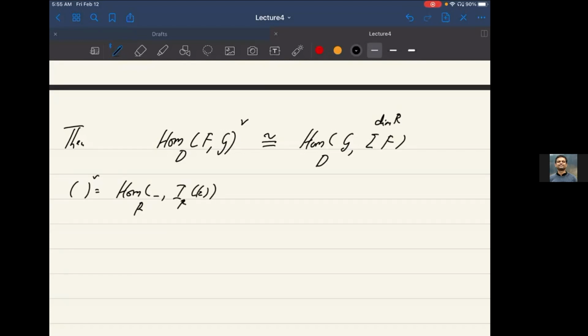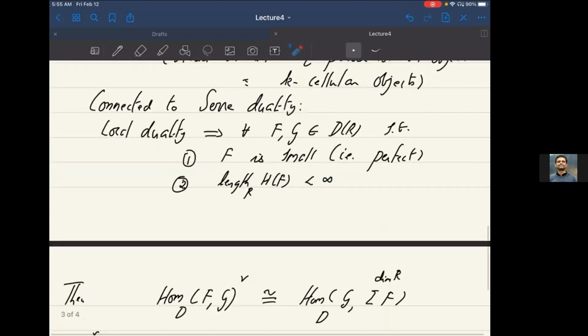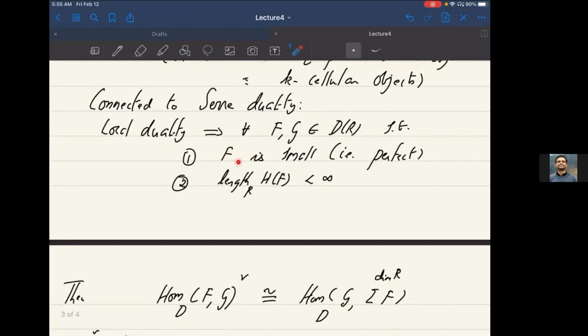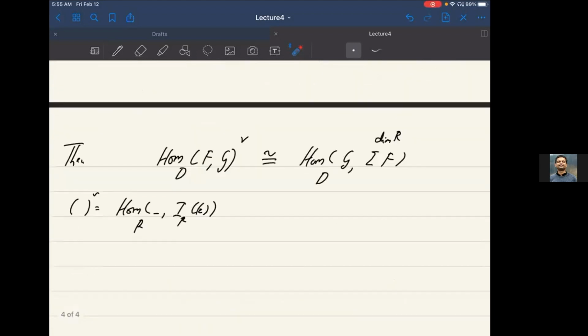Okay, I hope this reminds you of the Serre duality that you saw at least for vector bundles on projective spaces. F being small is like saying F is a vector bundle, and this finiteness hypothesis you need because you're taking duals of some vector spaces. From here, I claim this is closely connected with Serre duality.